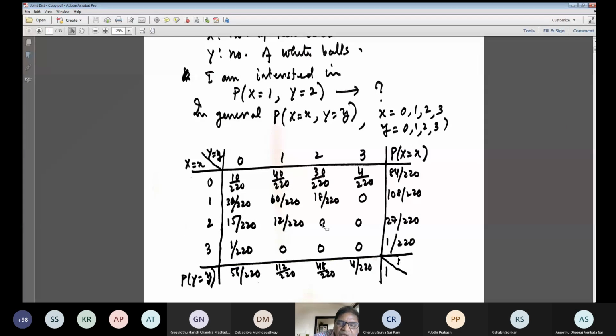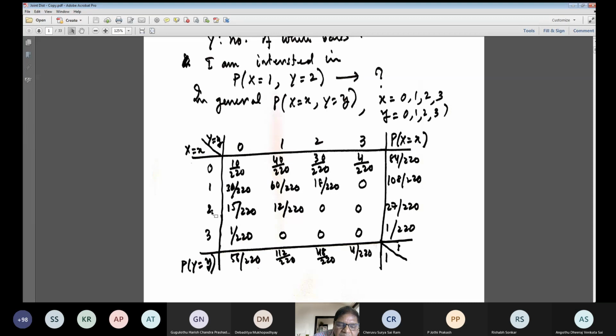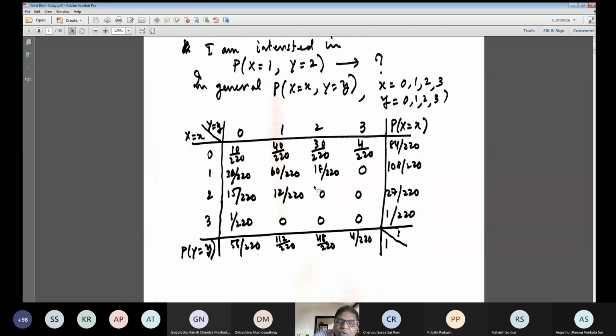Similarly, 2, 2 will be 0, 2, 3 will be 0, 3, 1, 3, 2, 3, 3 will be 0. All other places you can calculate the probability the way we have done for 0, 0, 0, 1, etc. So having filled this table, 0, 0, 0, 1, 0, 2, 0, 3, 1, 0, 1, 1, 1, 2, 1, 3.